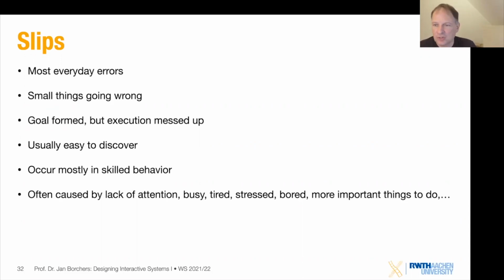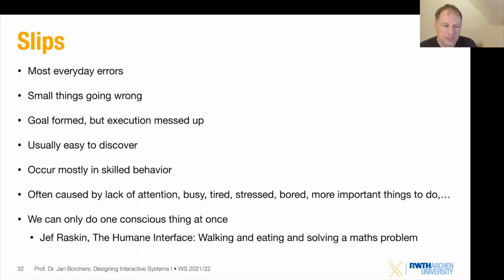So the pilot was maybe busy, tired, stressed, bored, had something else to take care of, and because of that situation, they make a mistake, or a slip, we should now say, that leads to a bad situation. As I said before, we can only do one conscious thing at once, and this is what triggers many slips, right?